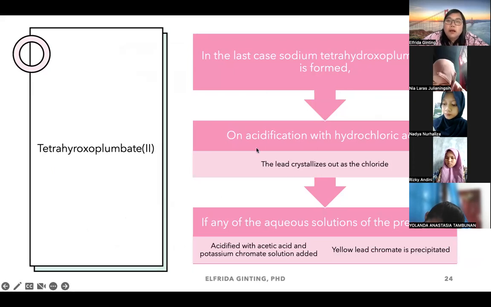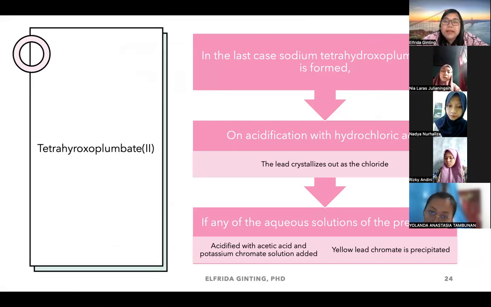Once you mix this sodium tetrahydroxoplumbate with hydrochloric acid, lead chloride will be formed, and the formation will be in crystal form.